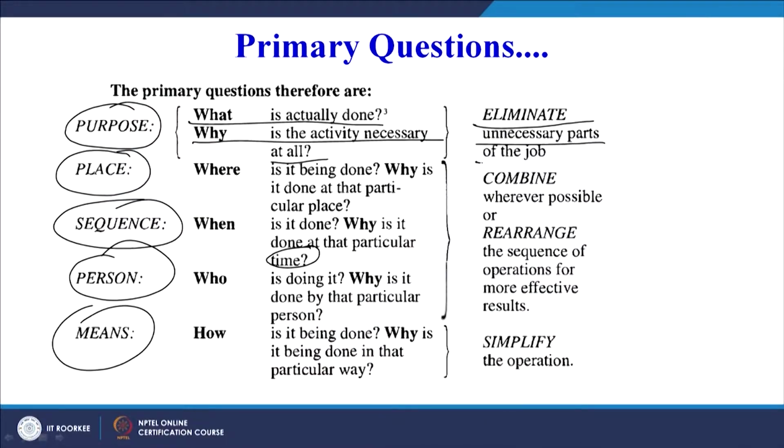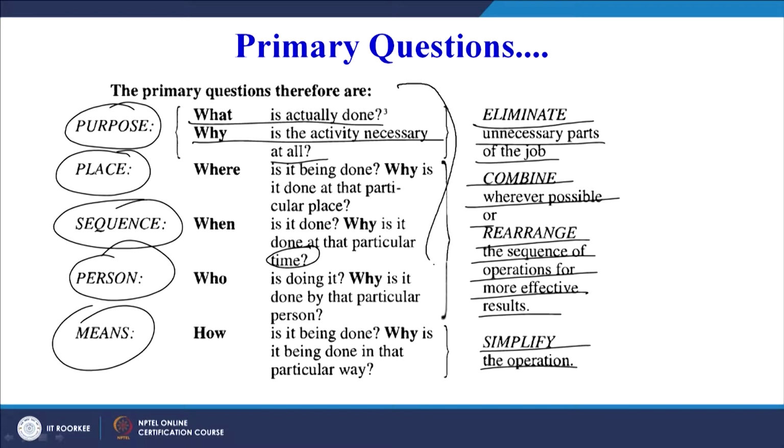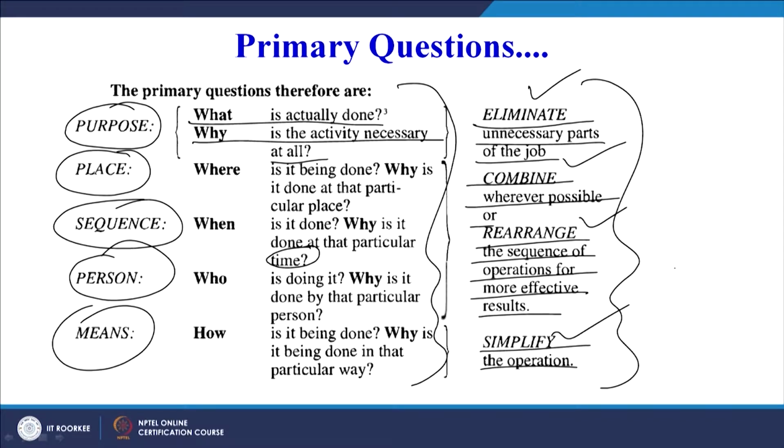They can be: eliminate the unnecessary parts of the job, combine wherever possible, rearrange the sequence of operations for more effective results, or simplify the operation. So when we write answers to all these questions, we will try to develop a better method using these techniques of elimination, combination, rearrangement and simplification.